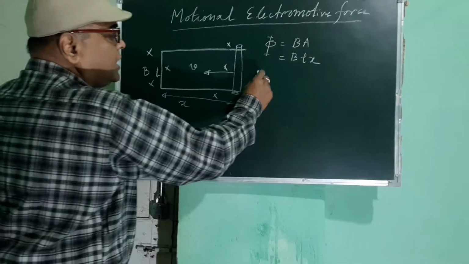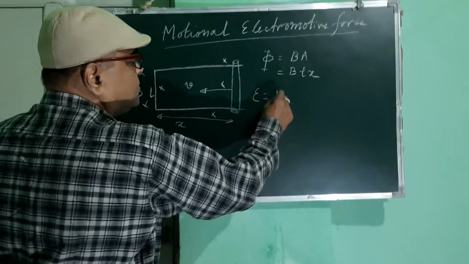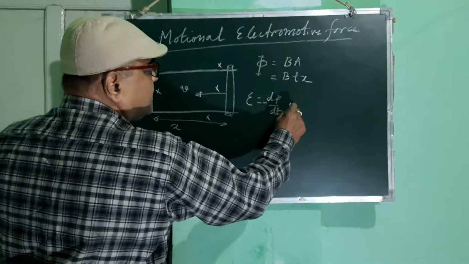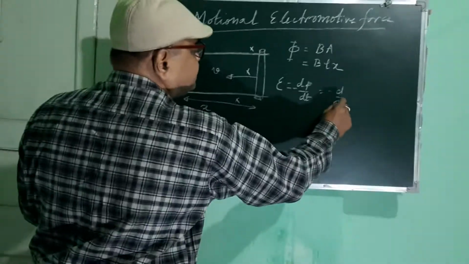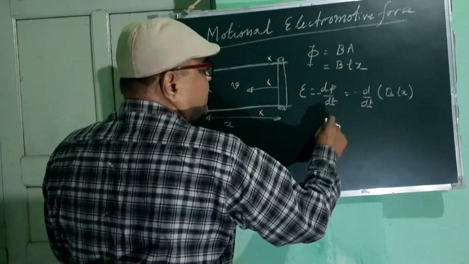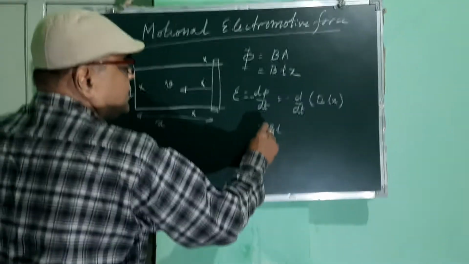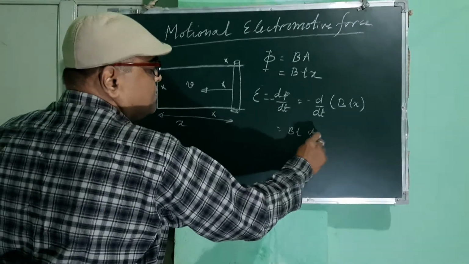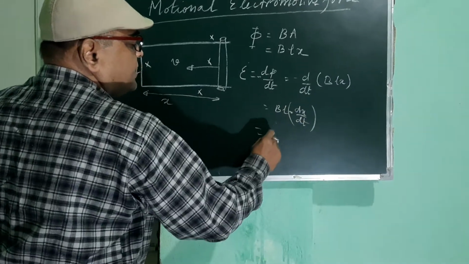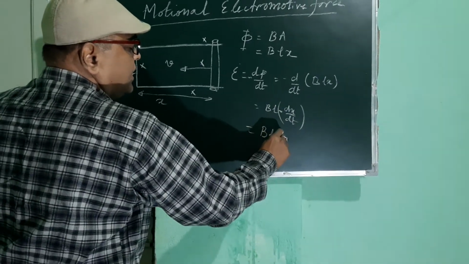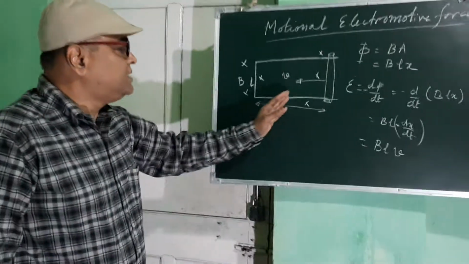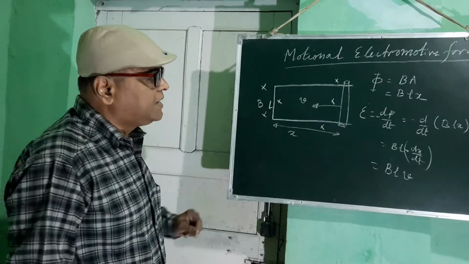Now the induced EMF E is equal to minus d phi by dt, so minus d by dt of BLx. B and L are constant, so we get BL dx by dt. Now dx by dt is negative, which means the area is decreasing in that direction.